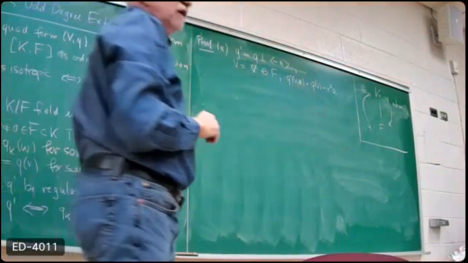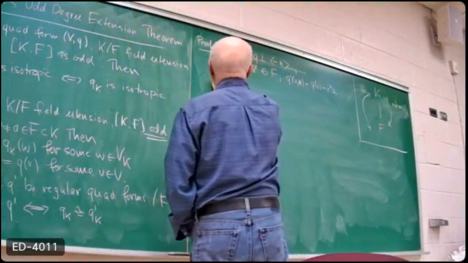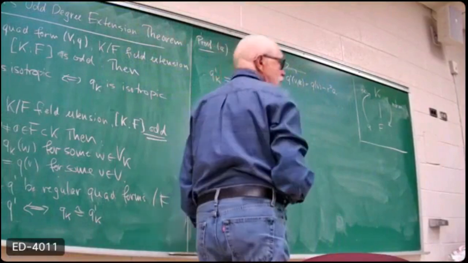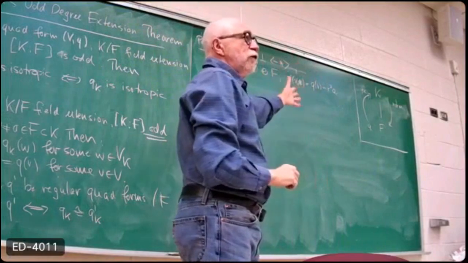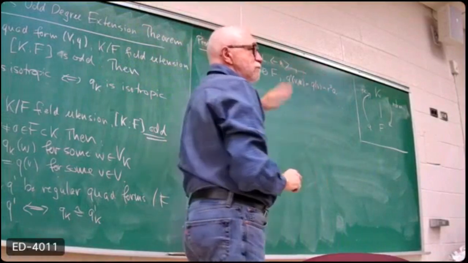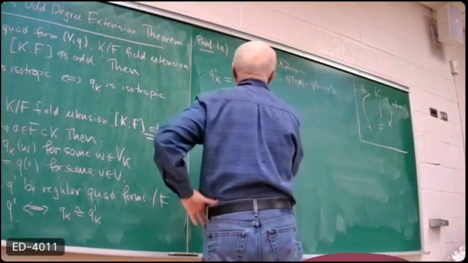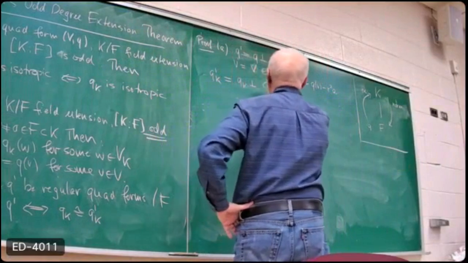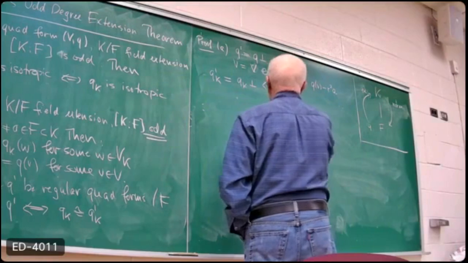Now I go to Q prime over K. So taking tensor products respects direct sums, so this is just Q_K direct sum minus A.